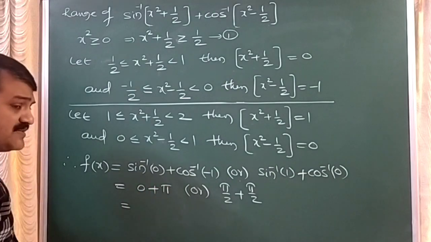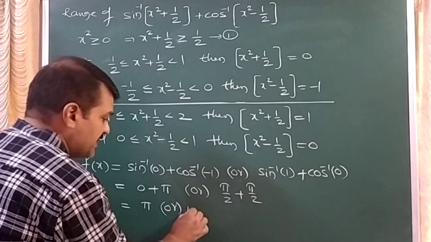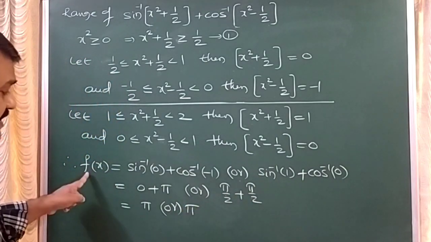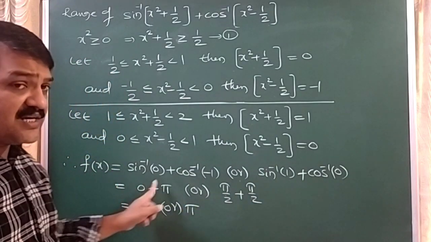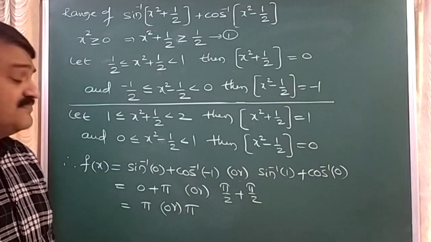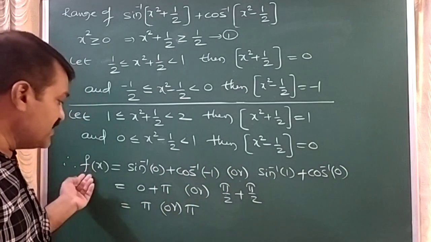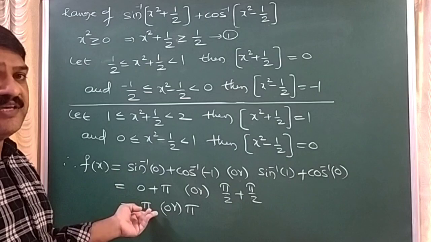So in the first case we got π. In the second case also we got π. Actually two cases are there, but in both cases we got the answer as π only. So for f(x) only one value, π, you are getting.